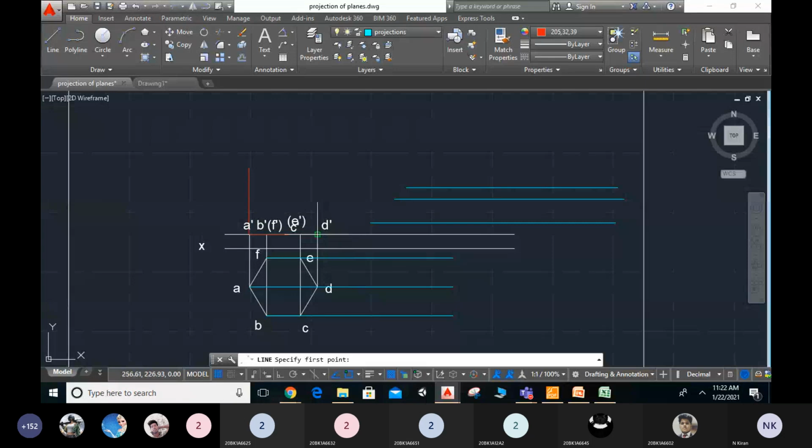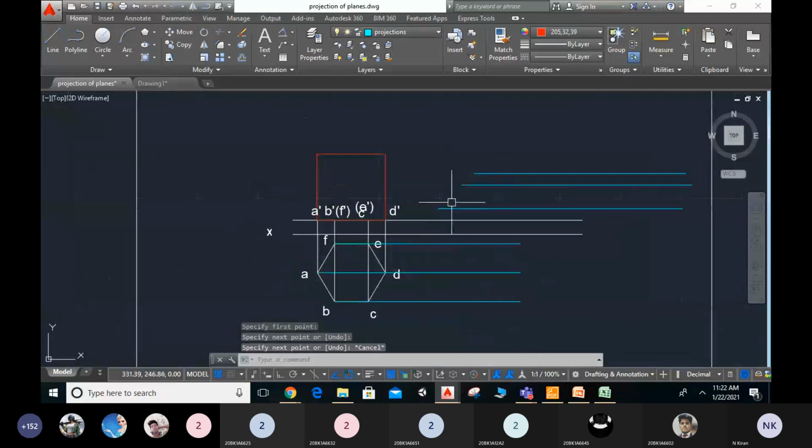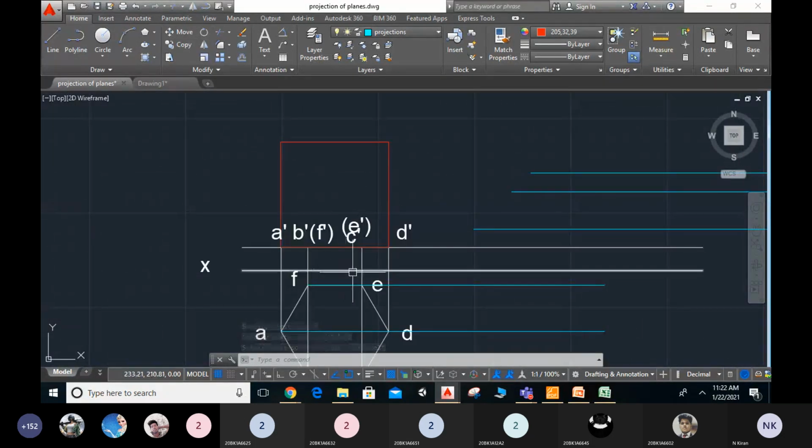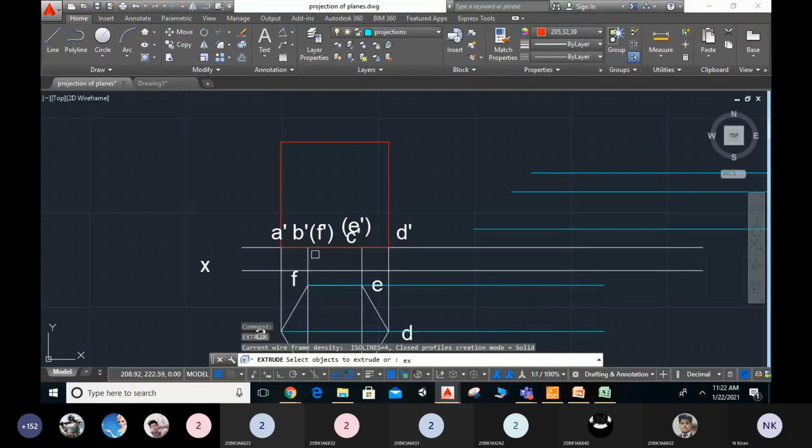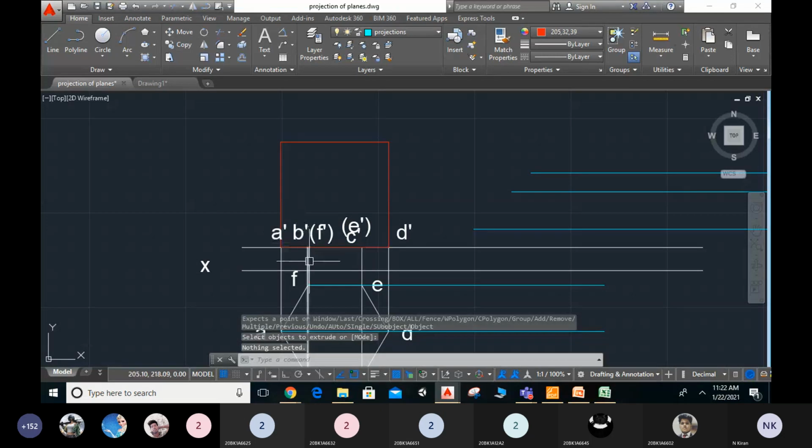Now I will select this line also. If you are seeing in the front view, you can observe this one as well like this, and I will extend this line up to here. Okay, ex, double enter, and ex, double enter.